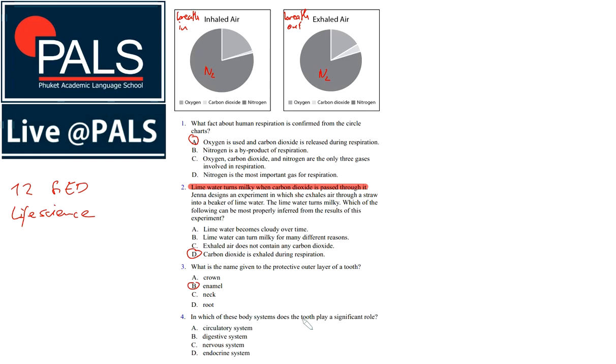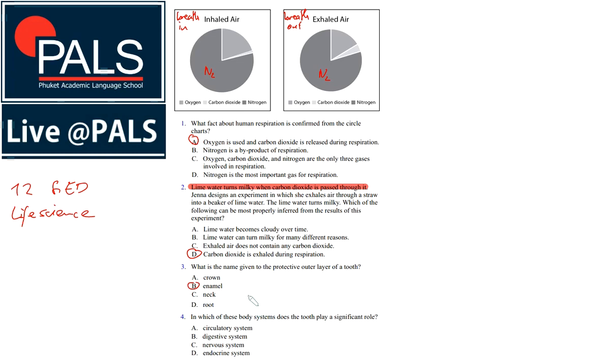In which of these body systems does the tooth play a significant role? Since we are biting, grinding, and chewing our food with our teeth, the purpose of that is breaking down large pieces of food into smaller pieces for several reasons: to make it easier to swallow, but also to increase the surface area of the food that we eat, aiding later on in chemical digestion.